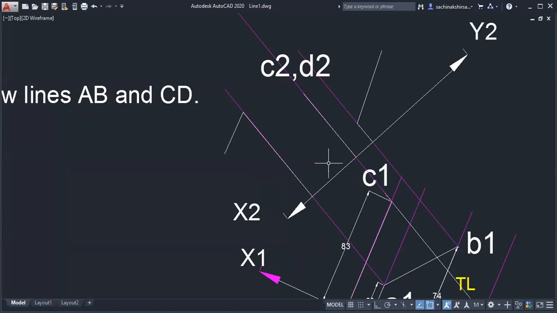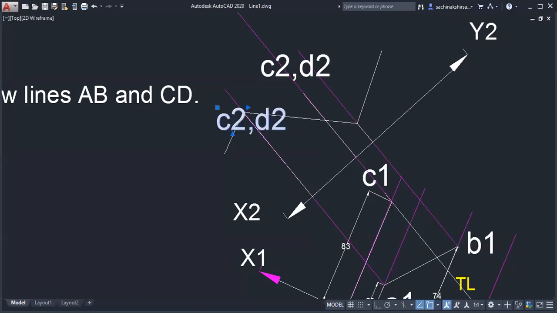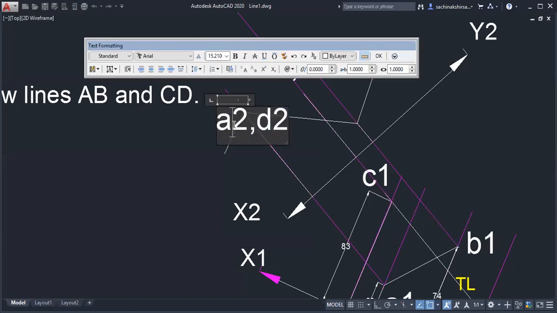Shall I zoom here a little? Here I'm going to join this. So in this view, let us give the name A2 to this point. A2.